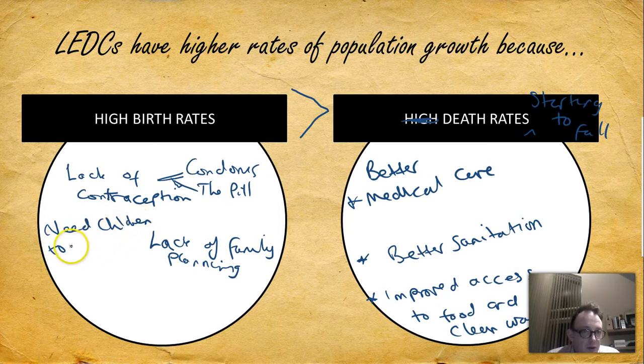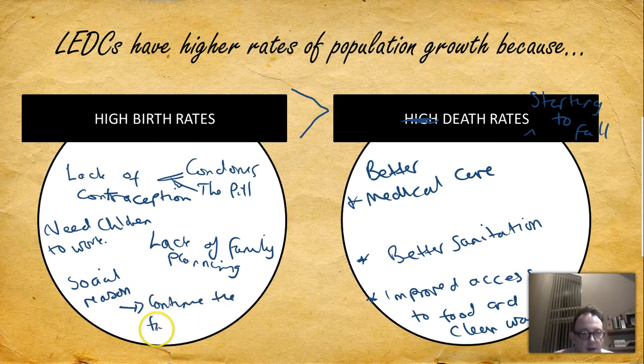They need children to work, and that gets an income for the family. There are other social reasons why they might have a higher birth rate, and that might be that they want to continue the family name, for example.